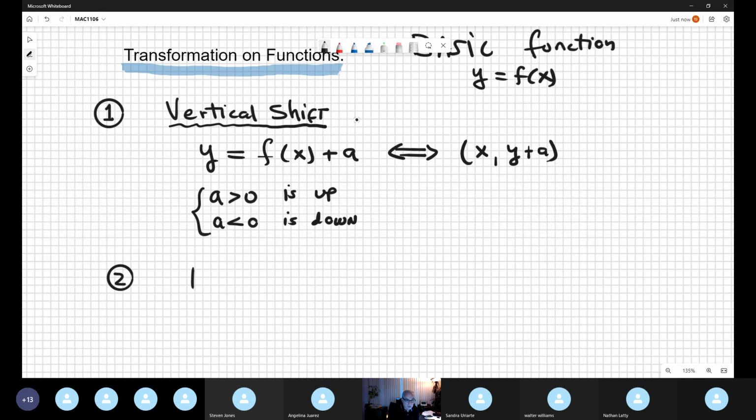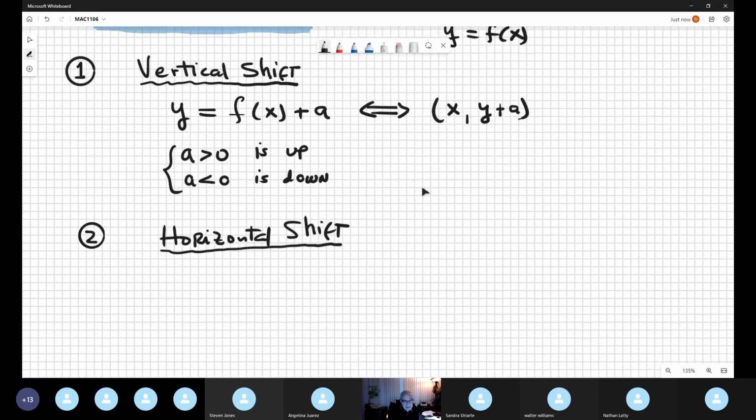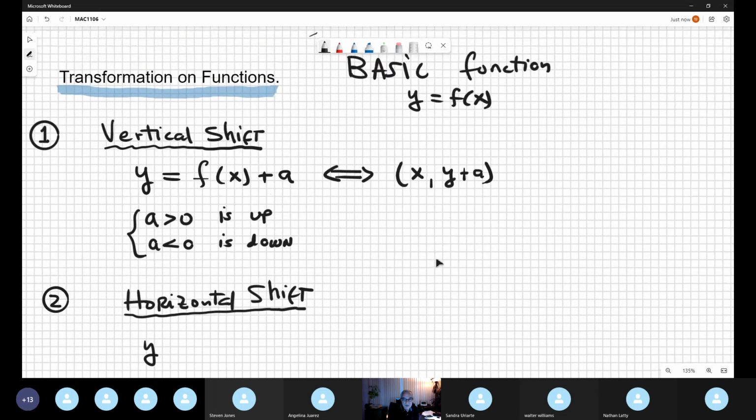Now the second is horizontal shift. A horizontal shift is a little bit different. This is the reason that helps me to understand the function notation. Look, this is my original function that is given at the beginning, the basic.